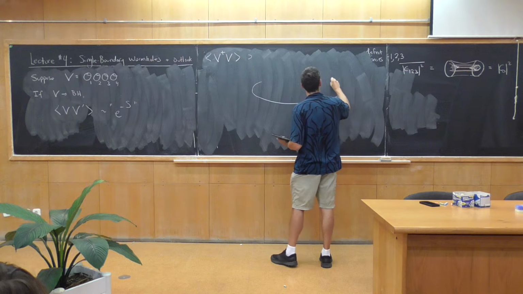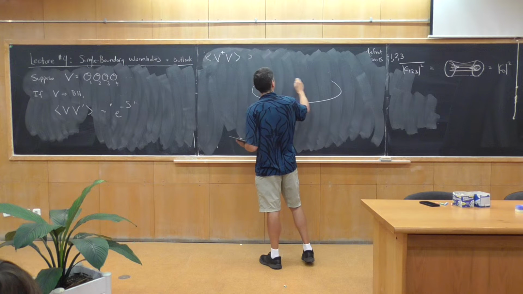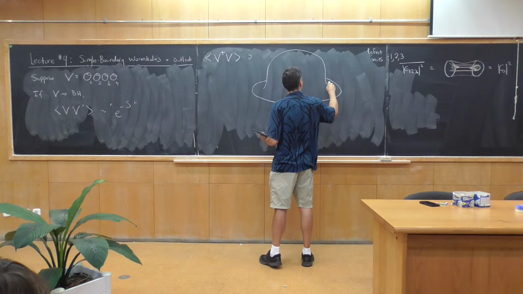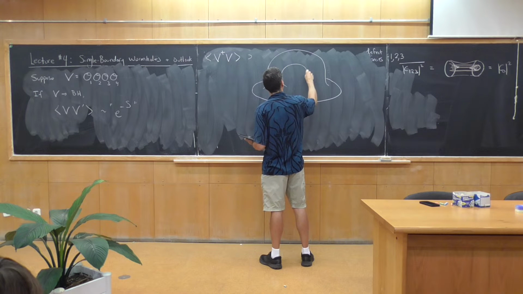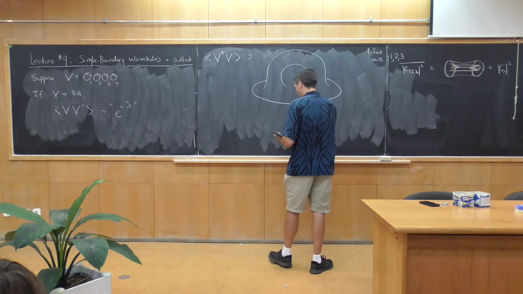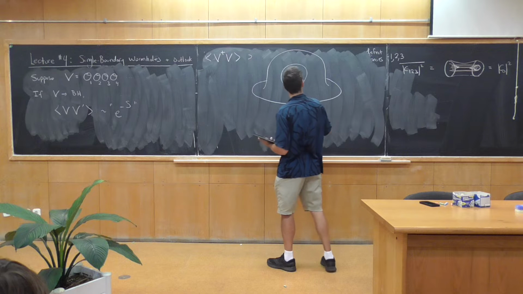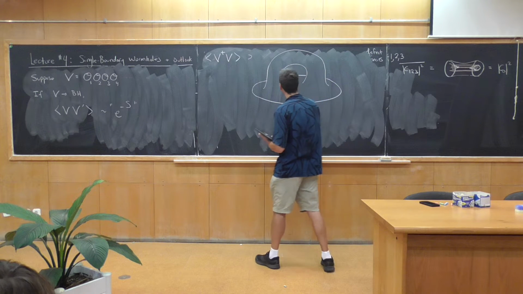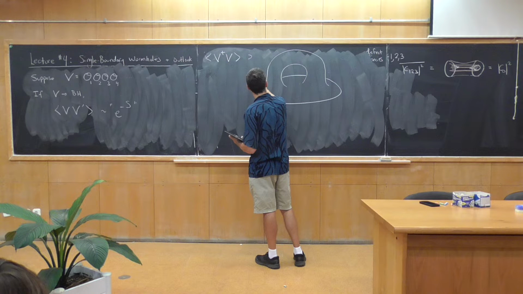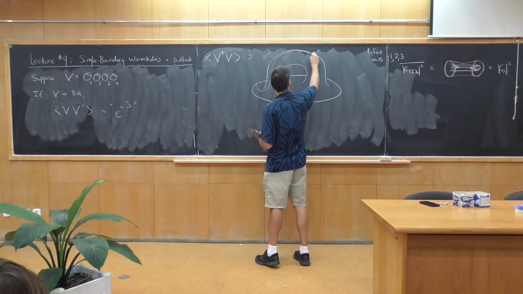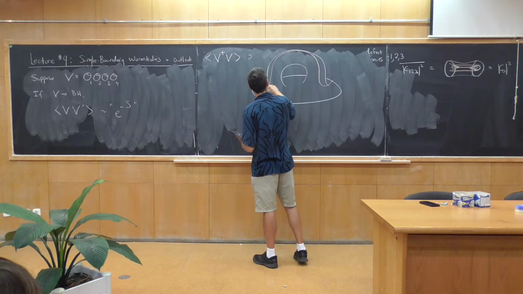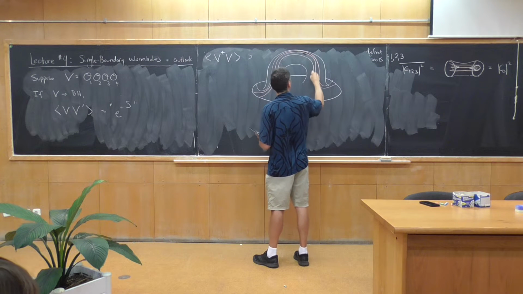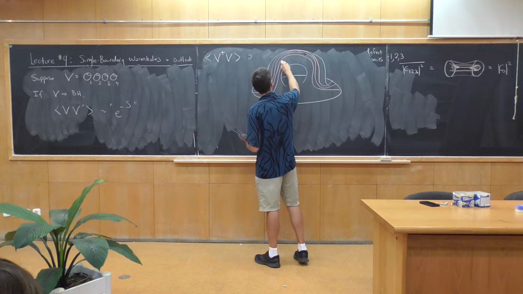Let's see if I can draw it. Now I want all 4 of them to run through the wormhole. 1, 2, 3.